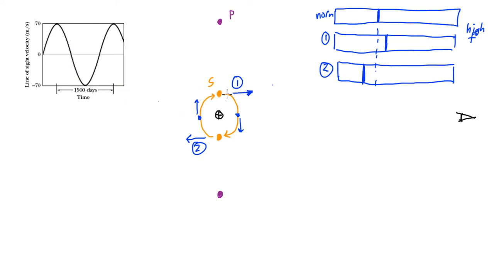At this point here, we have the maximum velocity towards you, assuming you're defining coming towards you as positive velocity. Otherwise, it's backwards, but the math still comes out the same, of course. And then down here is where it's going away from you at maximum velocity.